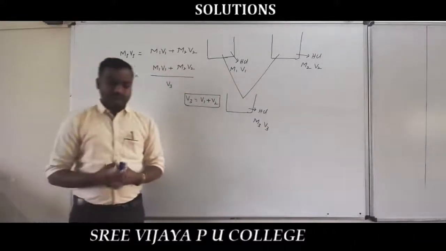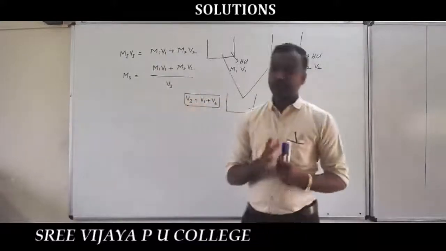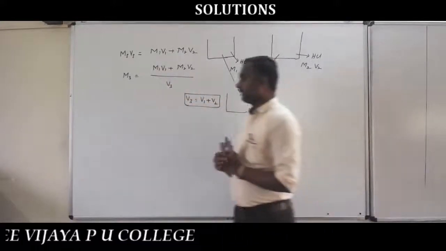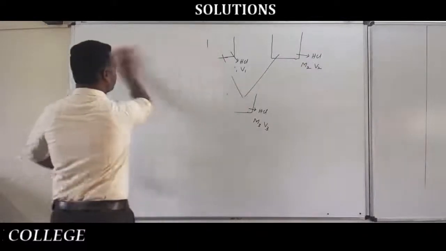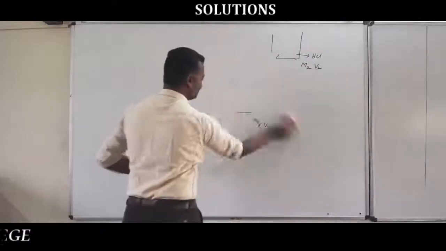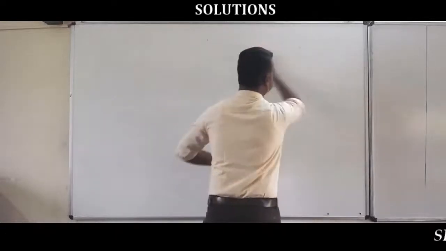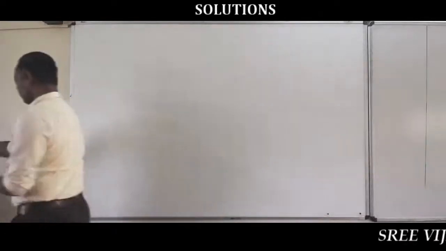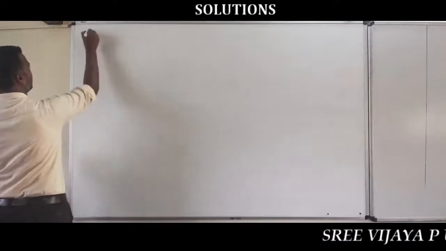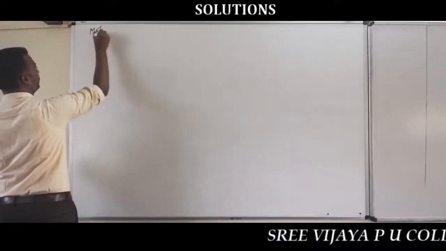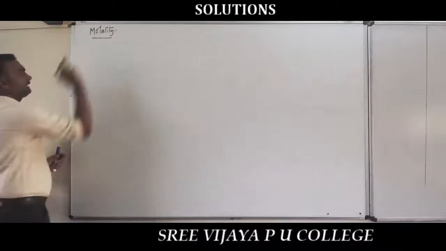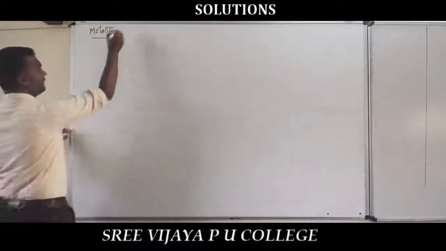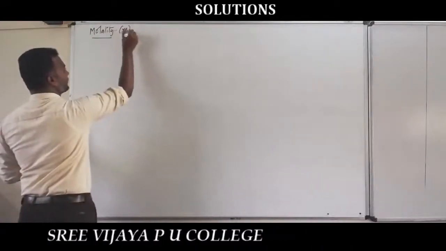Okay, so the another concentration term that we have to discuss here is the second one, molality. So everybody gets confused, molarity is different, molality is different. That is indicated by small m.